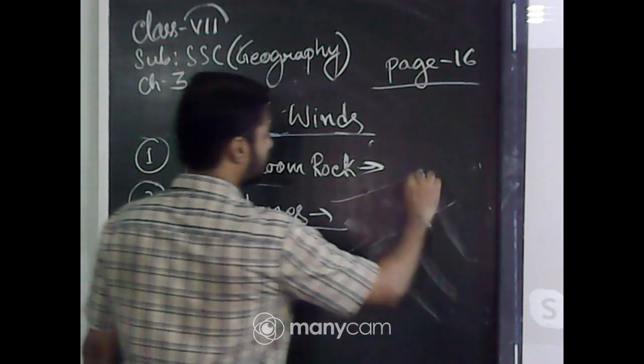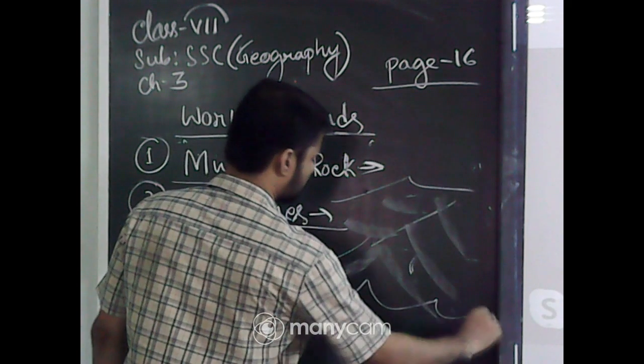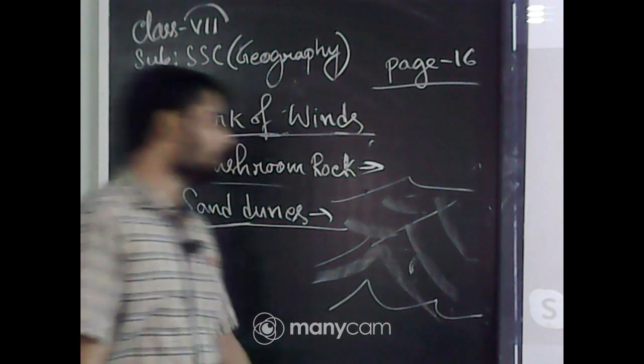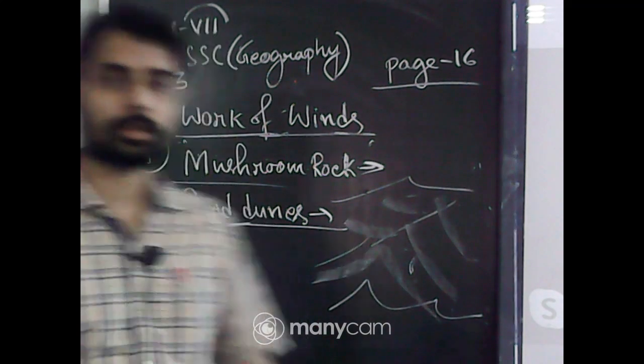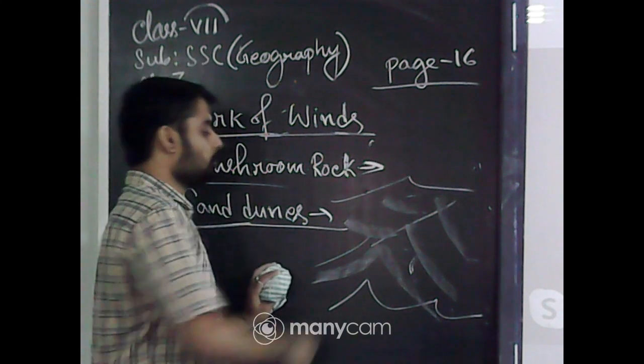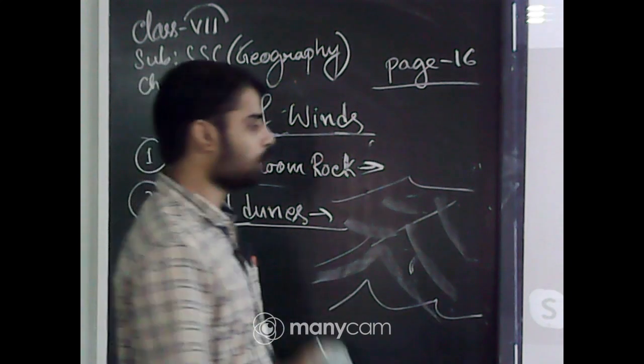This type of hill-like structure created in the desert by wind and made up of sand is called sand dunes.